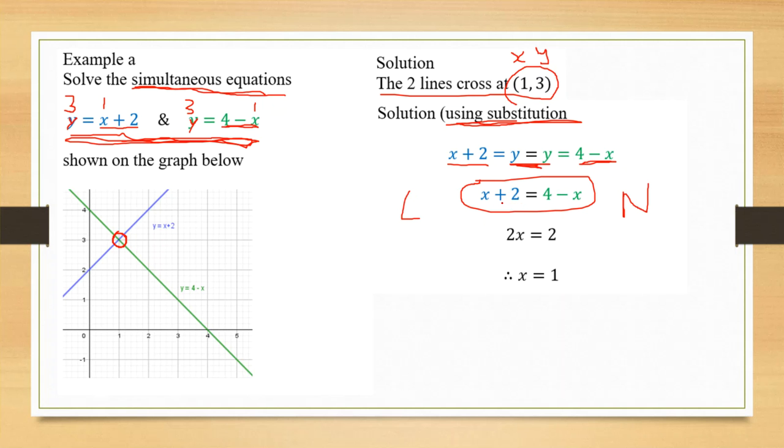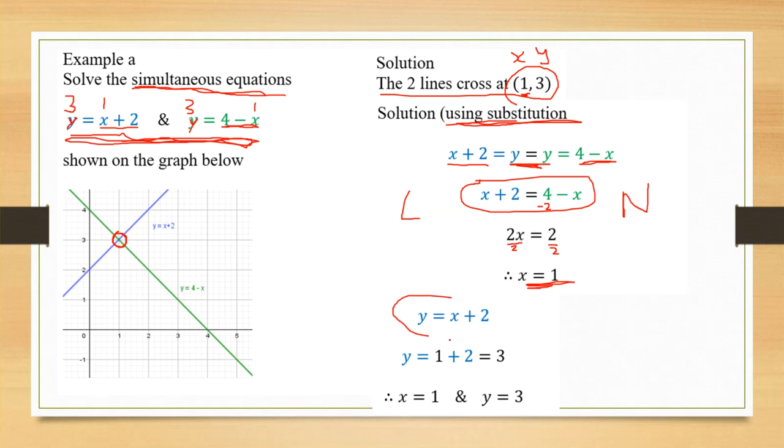So we take away 2 from both sides. 4 take away 2 is 2. And we add x to both sides, giving us 2x. Then we divide by 2. So we get x equals 1, as before. To find the value of y, we put it into either the blue equation or the green equation.